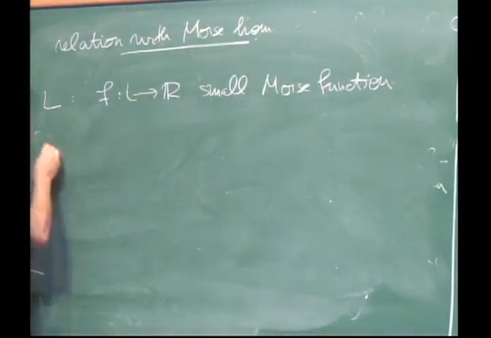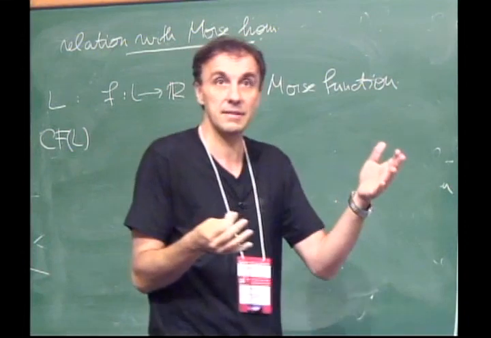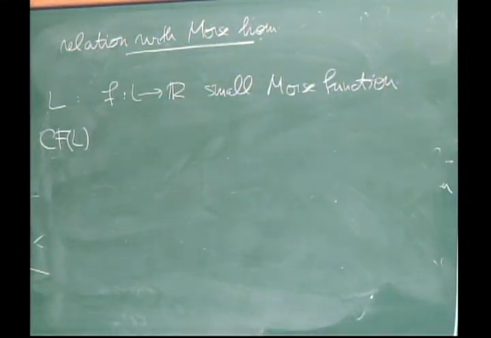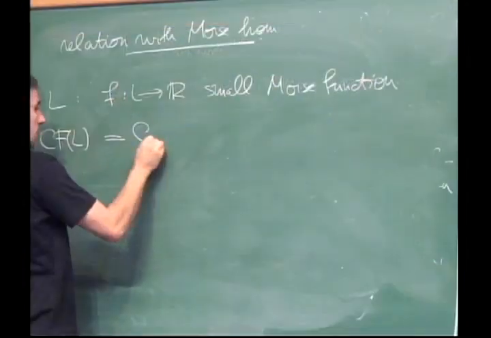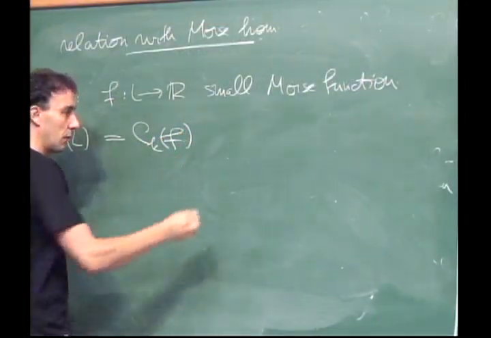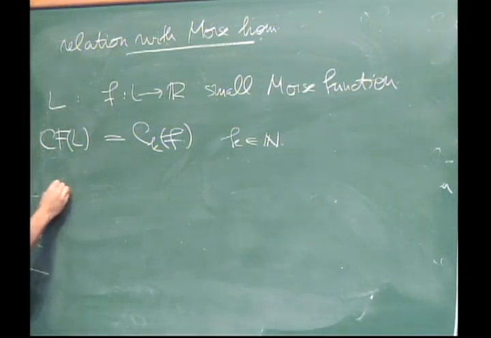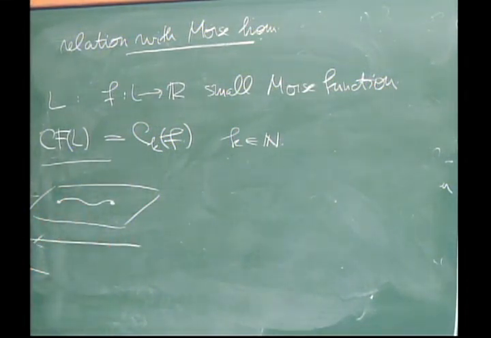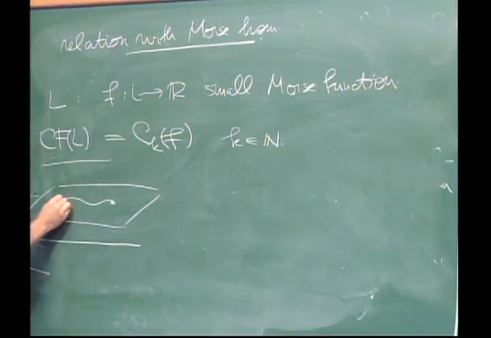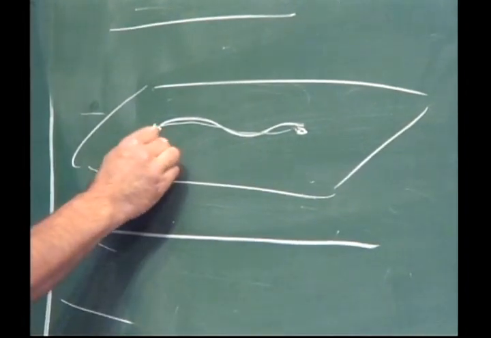Even if the Floer complex CF(L) is not graded, here we have a grading given by the Morse index, because the critical points are the critical points of F. So the Floer complex is the Morse complex of F, and if you choose a well-chosen almost complex structure, we have locally only these Morse trajectories from X to Y.